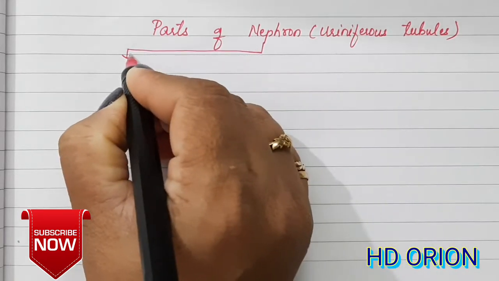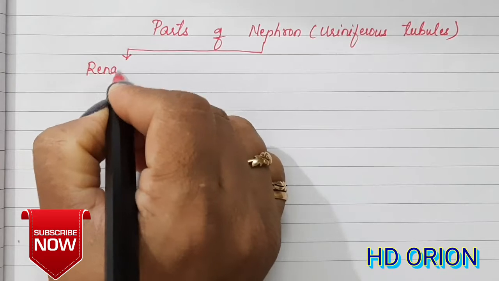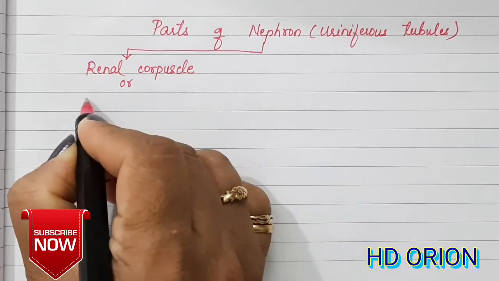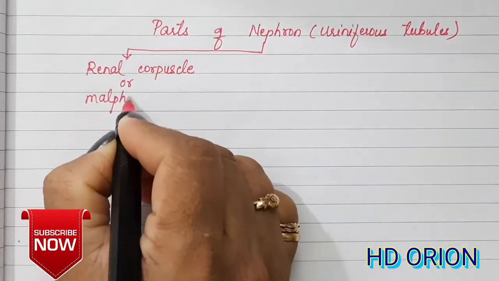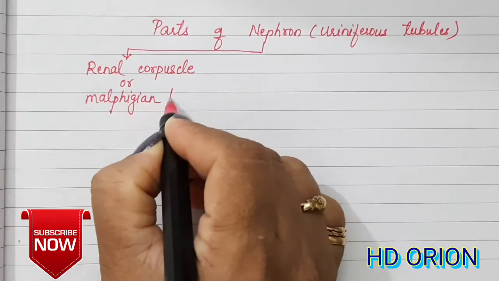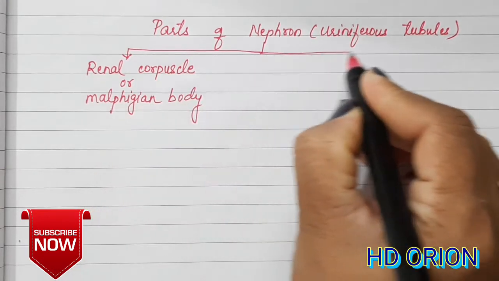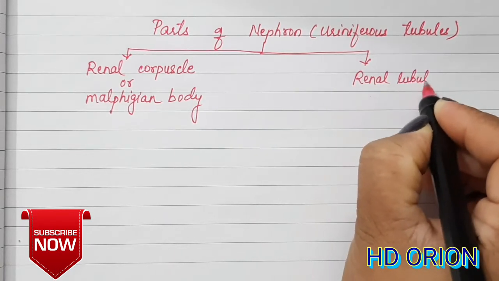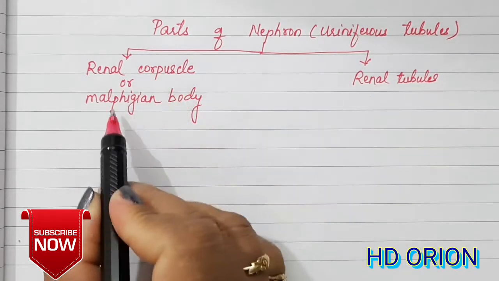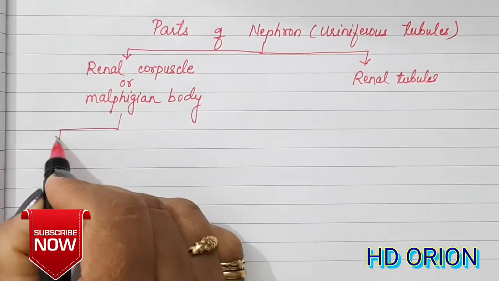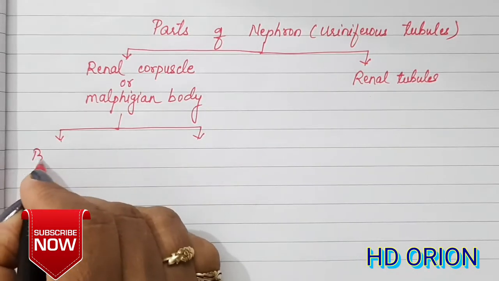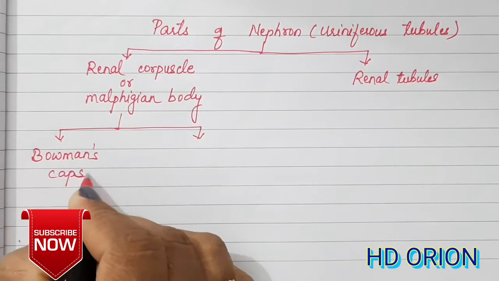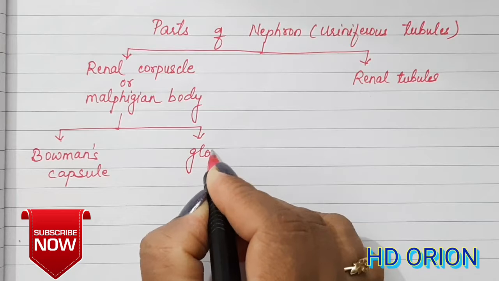Nephron is divided into renal corpuscle, which we also call as Malpighian body, and the renal tubules. The renal corpuscle or Malpighian body has two structures: Bowman's capsule and glomerulus.